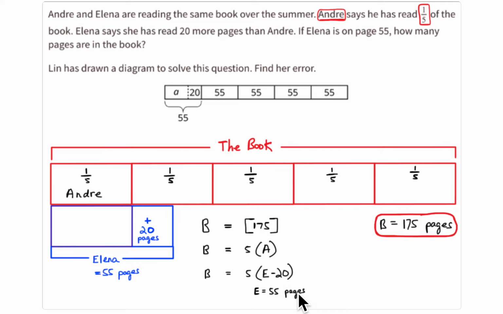So if you work back through it, 55 minus 20 is 35. 5 times 35 is equal to this 175. But this is one of the ideas of these problems, is to get the puzzle to a single equation and then be able to work backwards in your thinking. And how do you solve for, in this case, the length of the book.